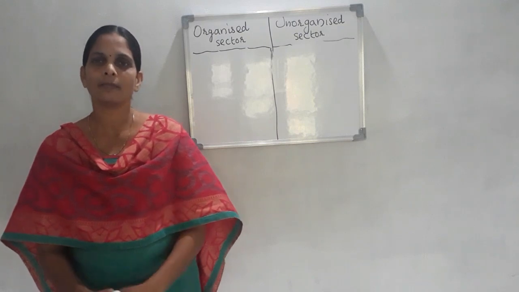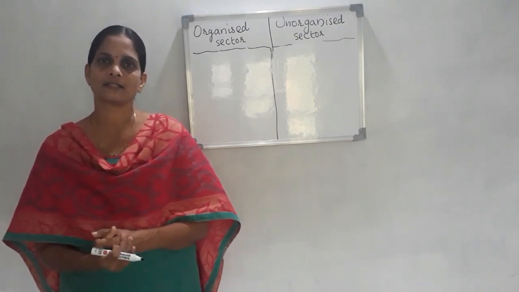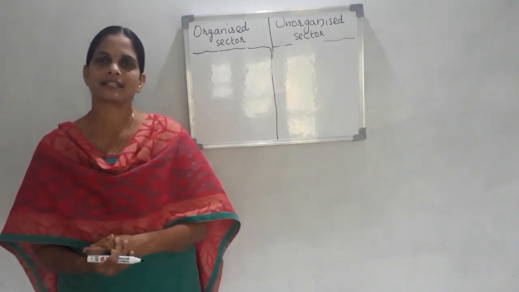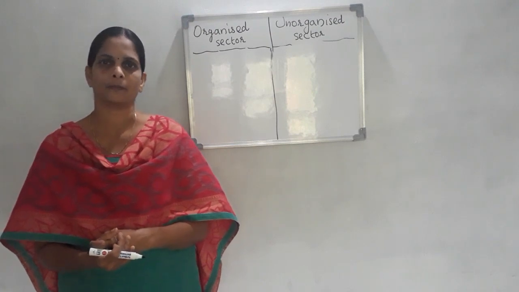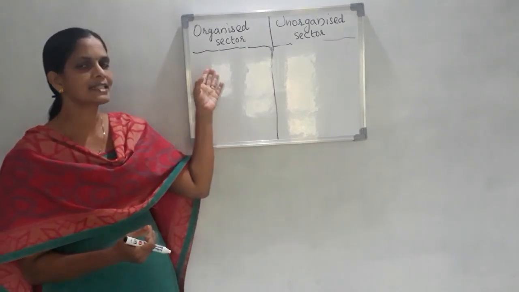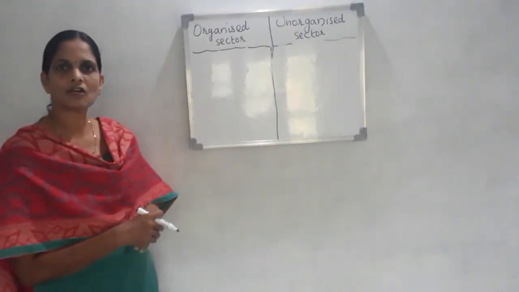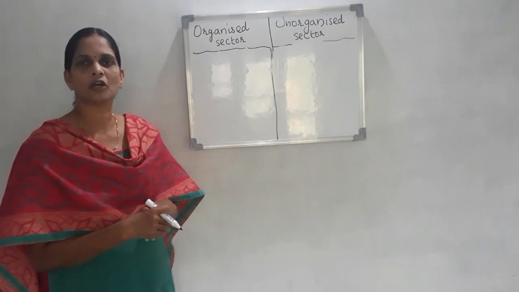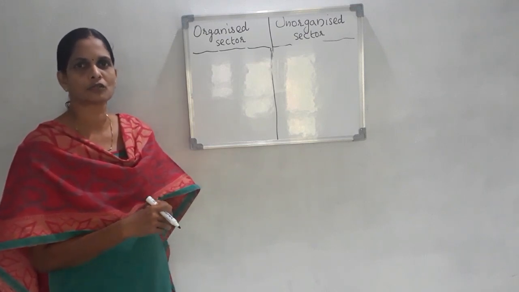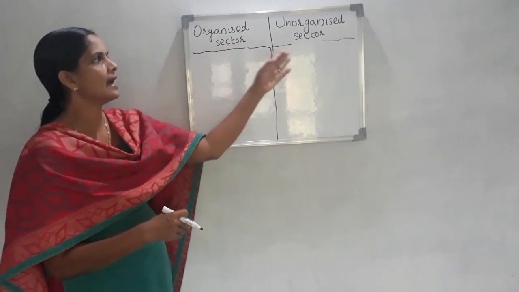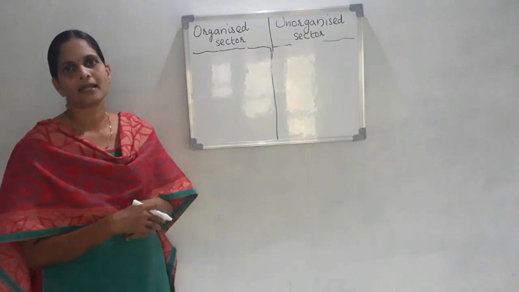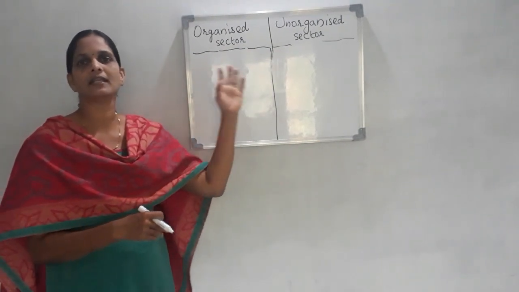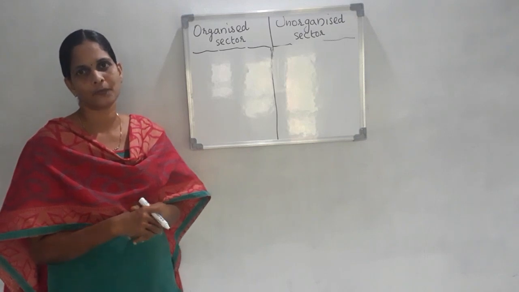That means on the basis of working conditions, the economic sectors are classified into two: organized sector and unorganized sector. We are discussing the differences between these two sectors now.